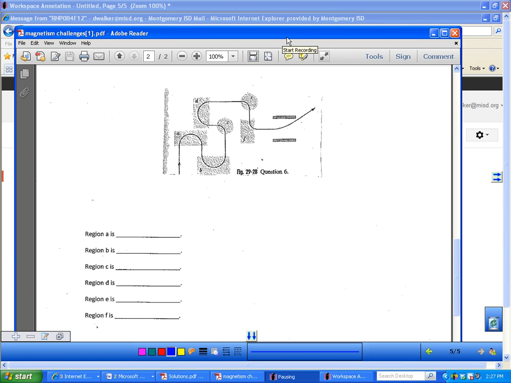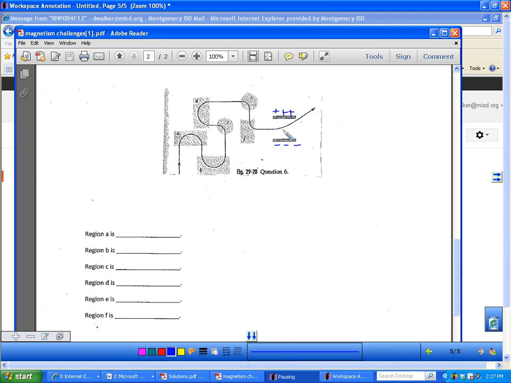All right, so when I read the little prompt that was written up there at the top, it said that when it leaves the region of the magnetic field, it travels between two charged parallel plates and is deflected toward the plate of higher potential. So that means that this plate here is positive, and this plate here is negative.